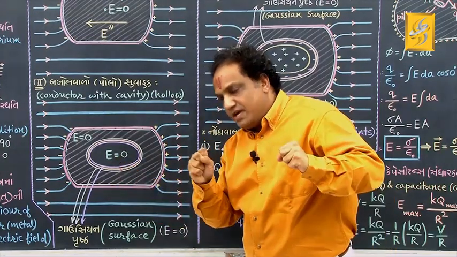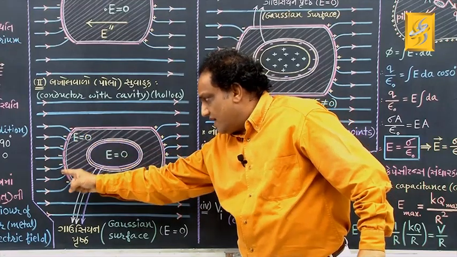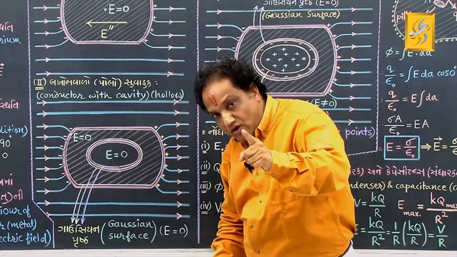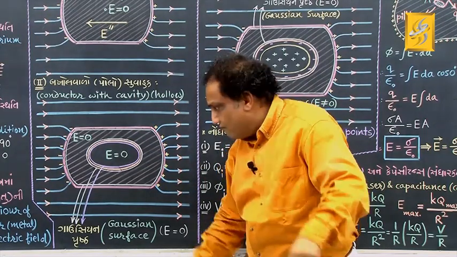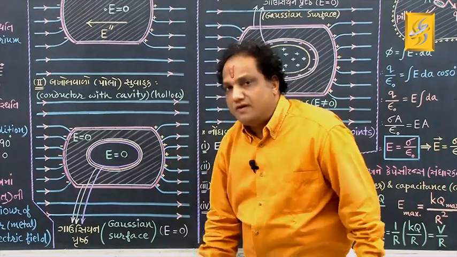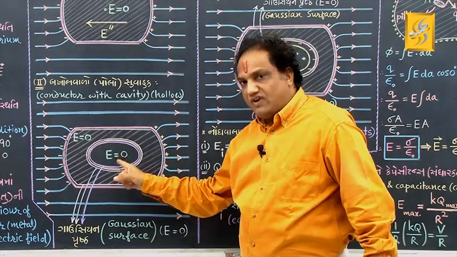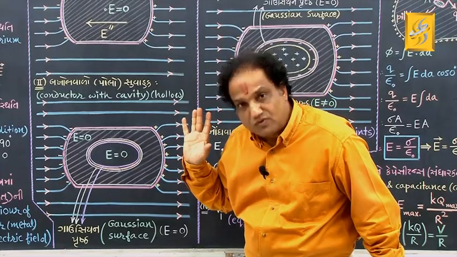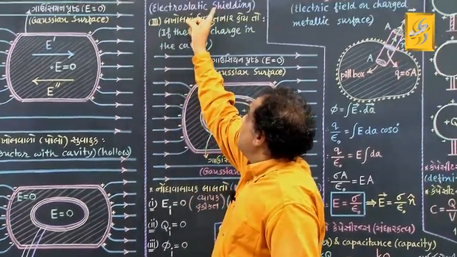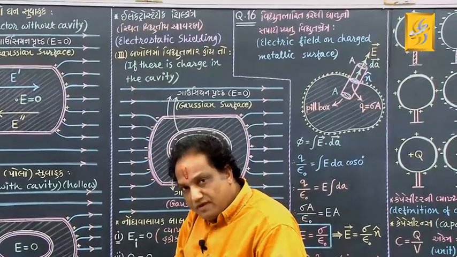This layer of electric charges on the outermost surface is called electrostatic shielding, which provides you necessary protection. We take benefit of such a physical situation, and this whole phenomenon is known as electrostatic shielding.